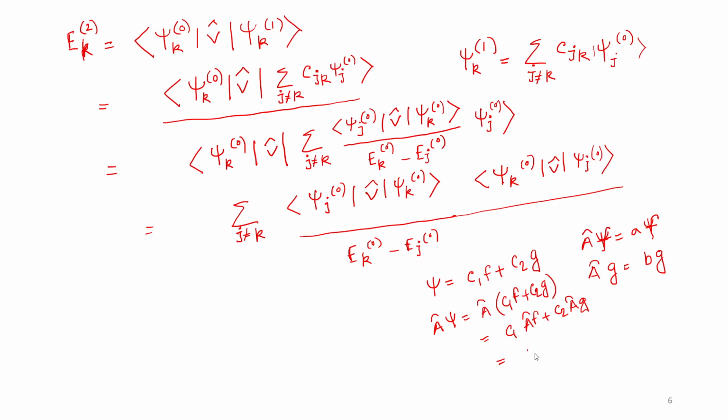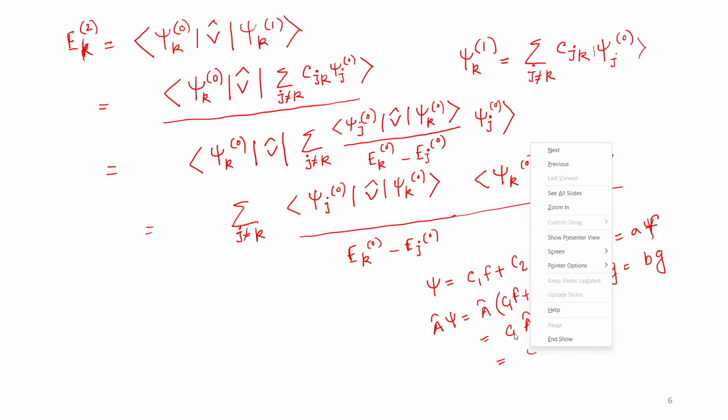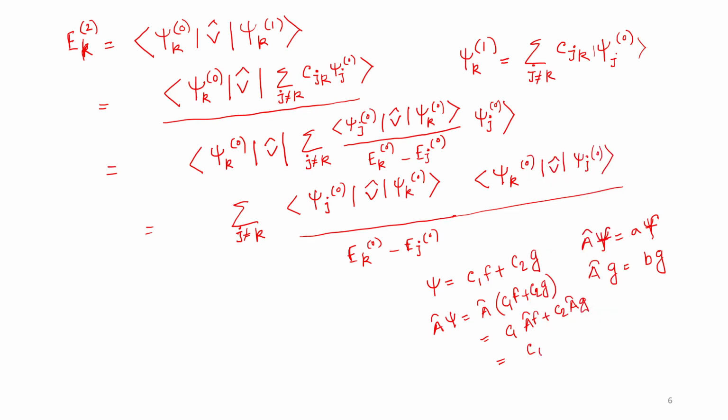So it will be C1 AF plus C2 BG. Now see that we can't take anything common out of C1F plus C2G.